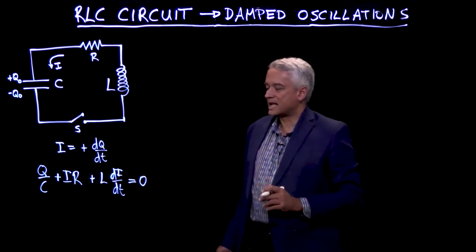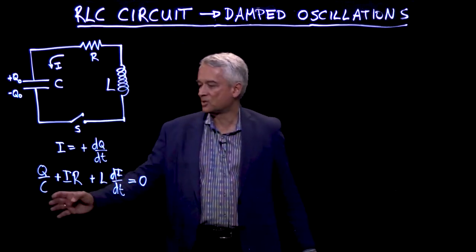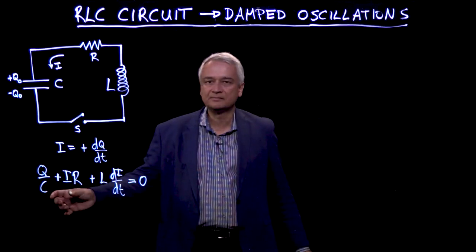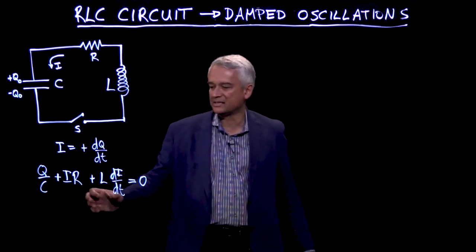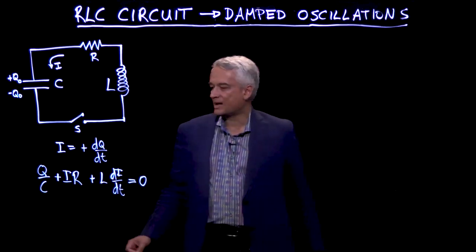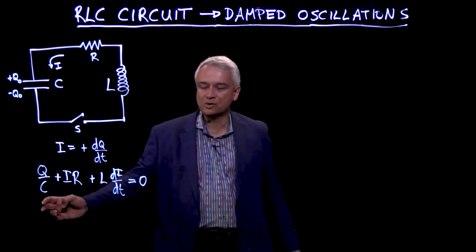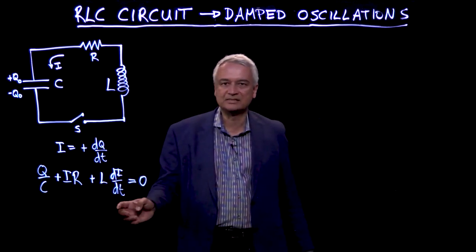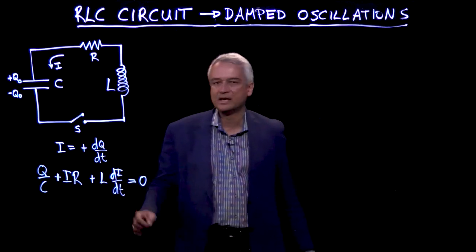And you notice that when we had just a C and an R, we had a term with a Q and a dQ/dt. When we had just an R and an L, we had a term with an I and a dI/dt. When we had just an L and a C, we had a term with a Q and a dI/dt. And dI/dt was d²Q/dt², and that gave us the oscillator.